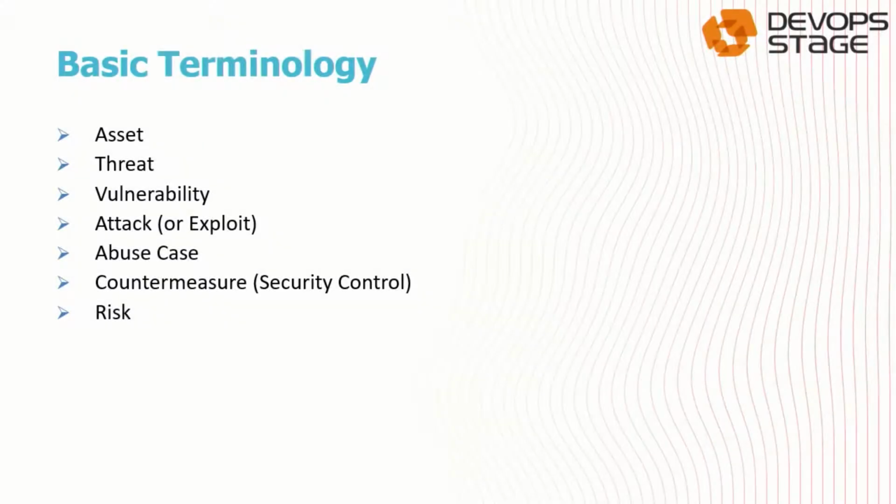So in most cases, we want to reduce the number of vulnerabilities we have in our software or reduce the criticality of those vulnerabilities. Here is a kind of visual representation of this concept. We have the assets, which provide value to our owner, our business, and we have threats. Threats can potentially damage our asset through the exploitation of vulnerabilities. And then we have countermeasures, which may reduce the risk to our assets.